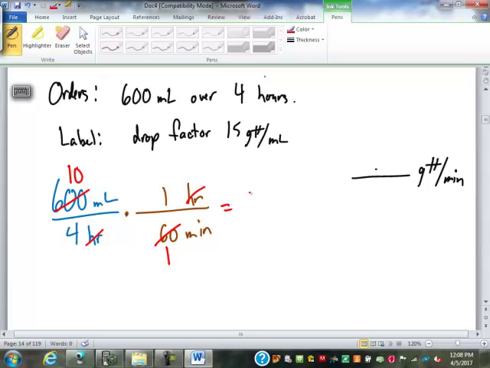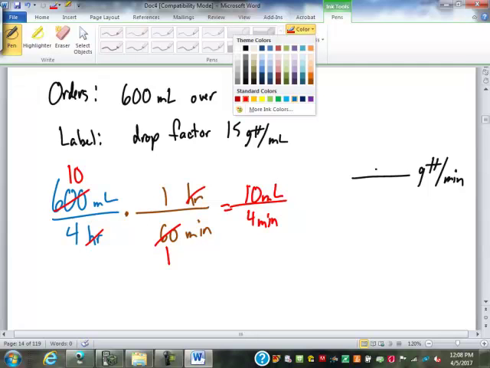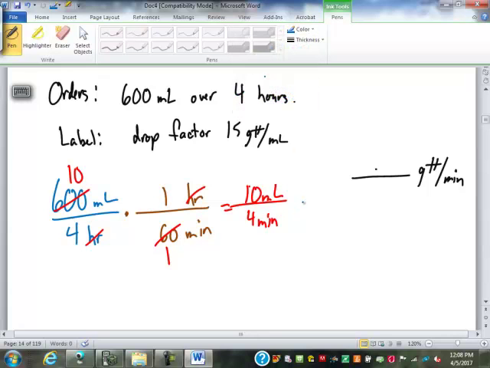So 10 milliliters times 1 is 10 milliliters. 4 times 1 minute is 4 minutes. If I wanted to here, I could divide that out. 10 divided by 4 is 2.5 milliliters per minute. So if I were asked for this in milliliters per minute, that would be my answer.